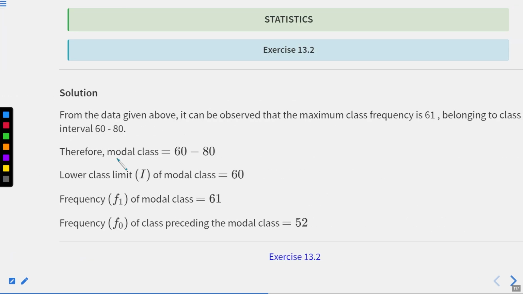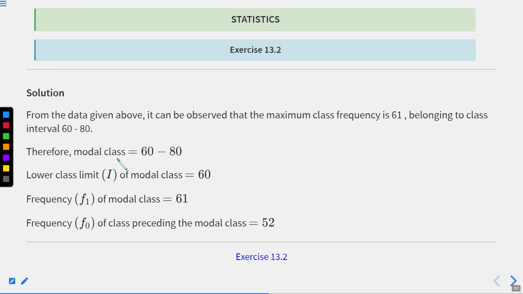First of all, from the data given in the table, it can be observed that the maximum class frequency is 61, belonging to the class interval 60 to 80. Therefore the modal class is 60 to 80.